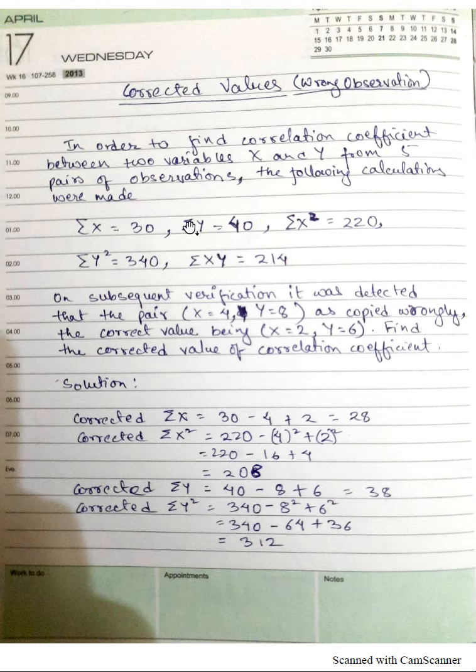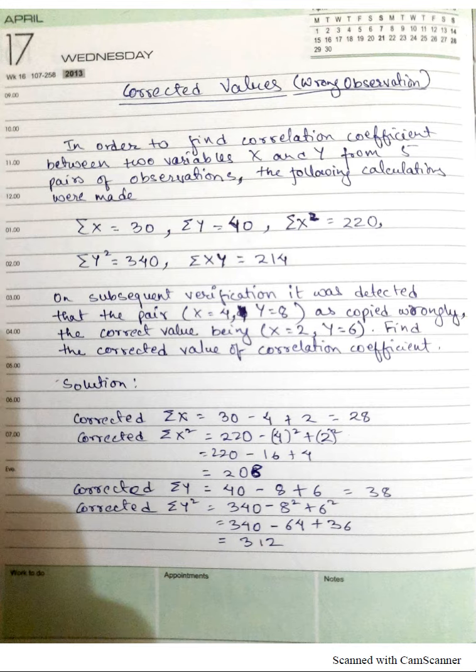First we take all this data and we correct it. So what is summation x? Summation x is the addition of all the values of x. When summation x was taken here, this value was also added, that is wrong. So we'll subtract this value and then add the value which was not actually put into the calculation.